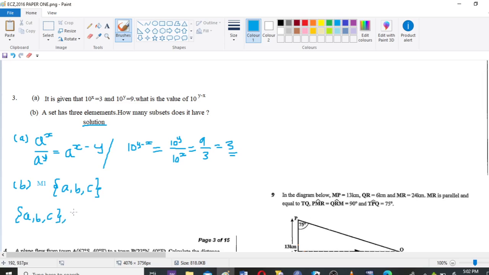From this one we can have a set containing A and B, which is just a subset.